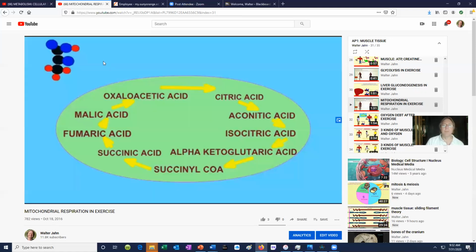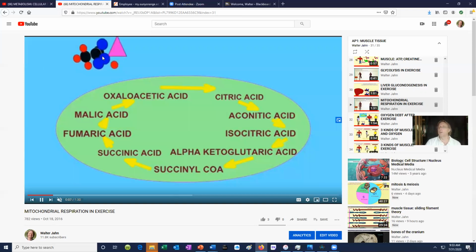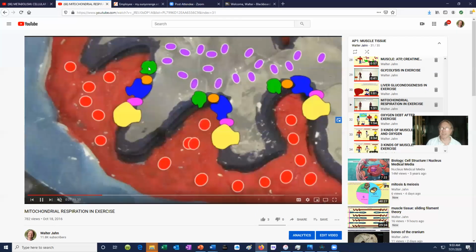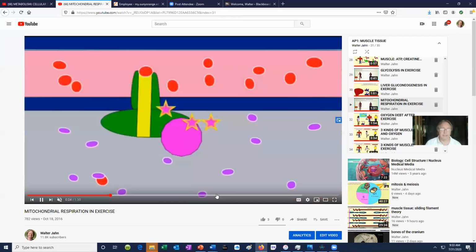So in what's called the Krebs cycle, we take pyruvate, which is a 3-carbon molecule, and we break it down over a series of steps. This is occurring only in the mitochondria. So pyruvate, this 3-carbon molecule, then gets converted to carbon dioxide in a series of steps.